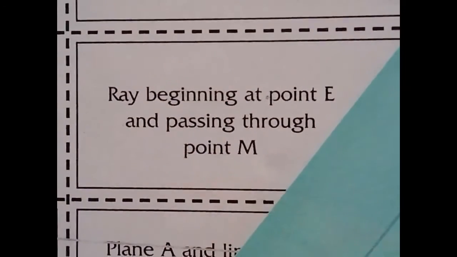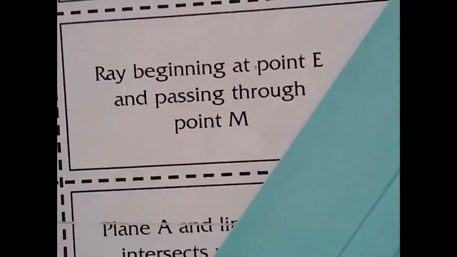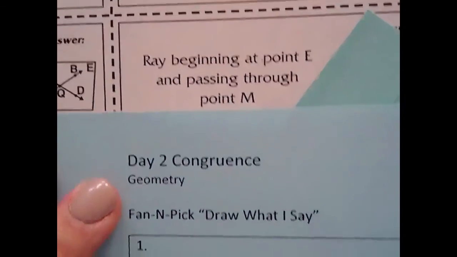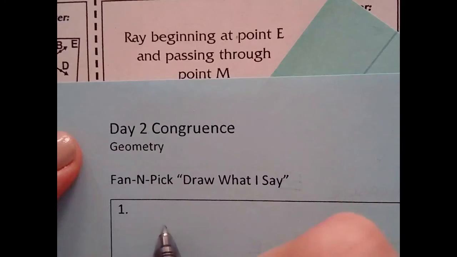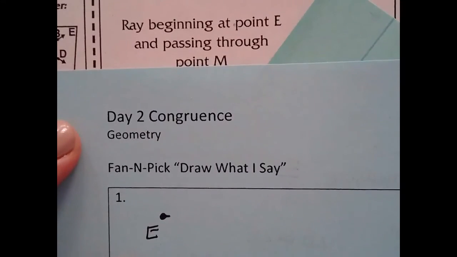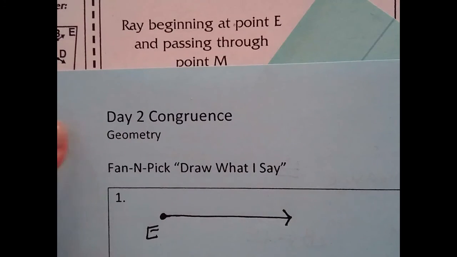So a ray beginning at point E, so if I have this here, begins at point E, it's a ray passing through point M. So that just means M is anywhere else on the ray. It could be right next to it. It could be all the way down here. Does not matter. As long as E and M are both on the ray and E is the starting point.